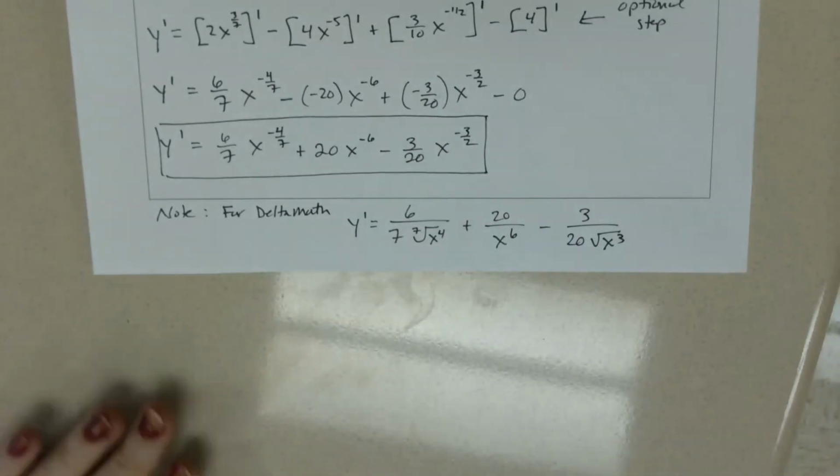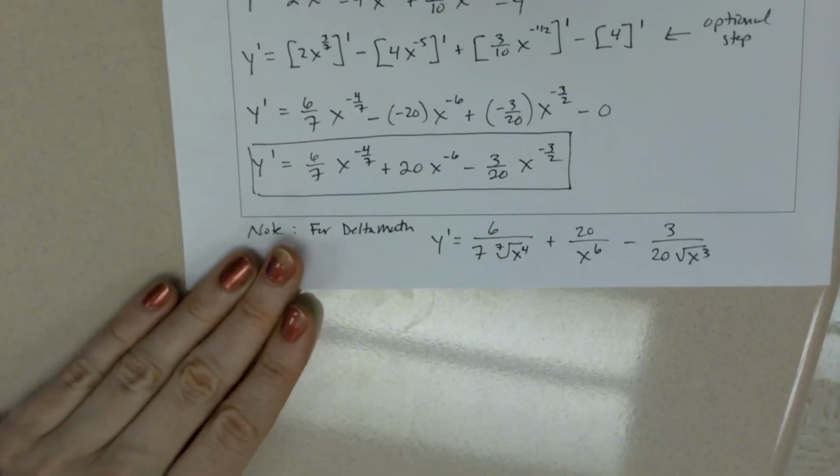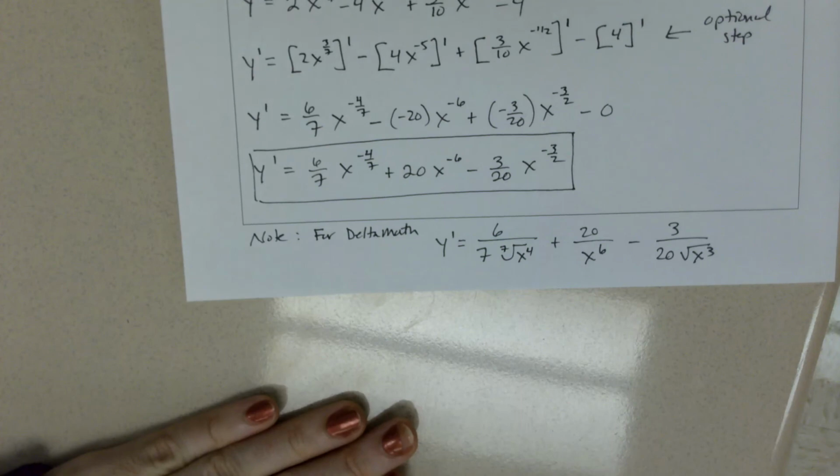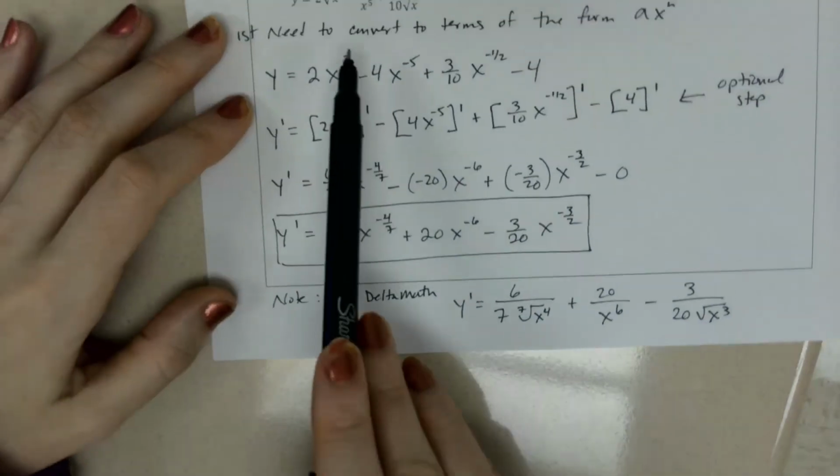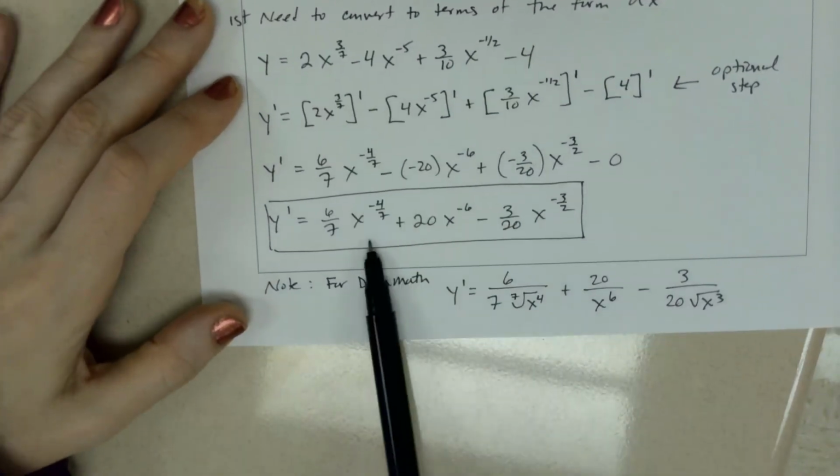Okay, for Delta Math, they would probably want something like that. But I'm pretty sure the Delta Math problems I assigned you, you would just want to plug a number in here anyway.